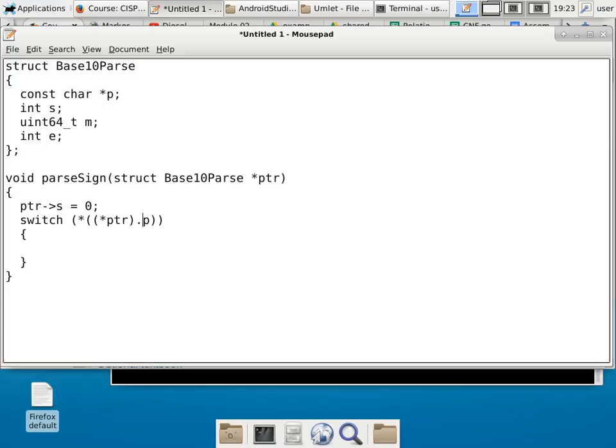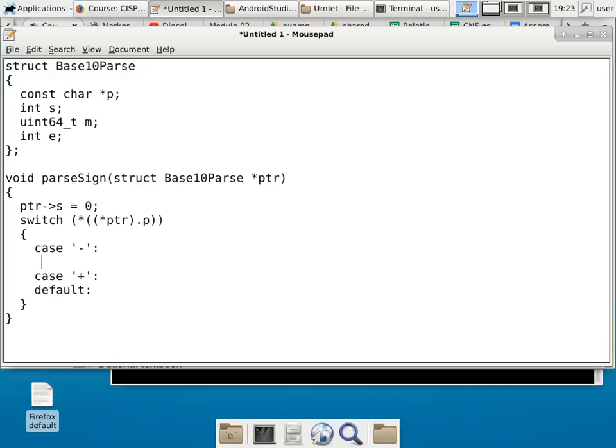All right. So inside here, I'm going to use a case statement for each thing that I can possibly see. If I see a negative symbol, I will handle it in a particular way. If I see a plus symbol, I will handle it in a particular way. And then I will also have a default, which basically means, what if it is not a minus and not a plus? Well, it falls into the default.